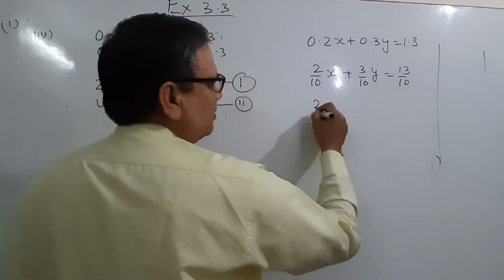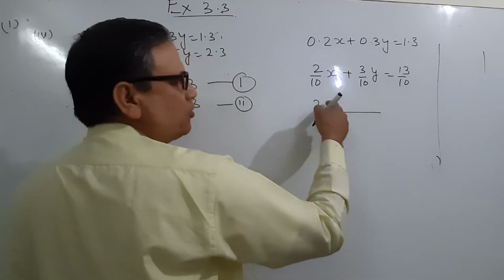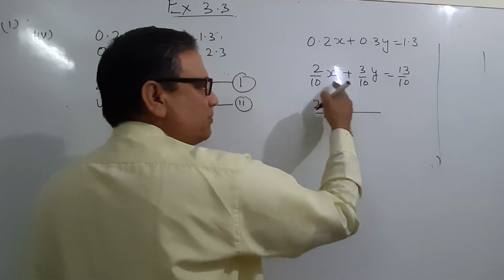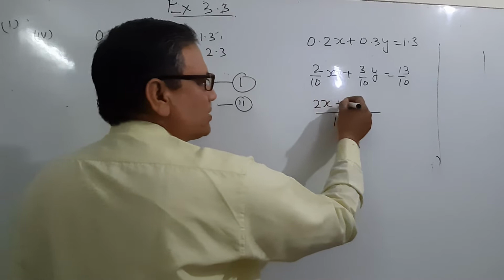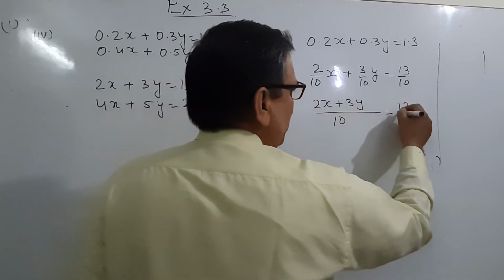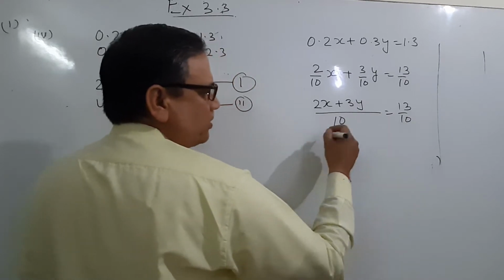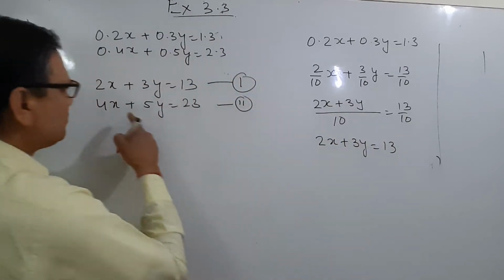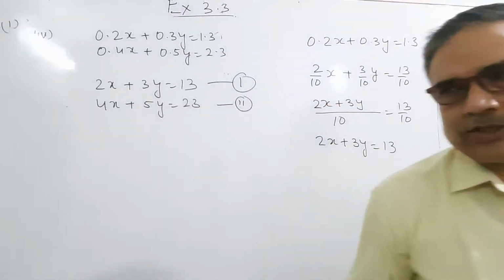If the denominator LCM is the same, 10 and 10, then we write the same numerator: 2x plus 3y is equal to 13 upon 10. On comparing, the 10 will be eliminated. So 2x plus 3y is equal to 13. And similarly for equation 2, you can check.